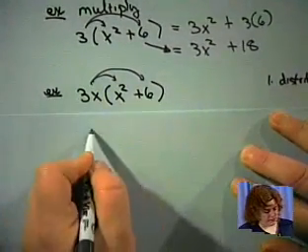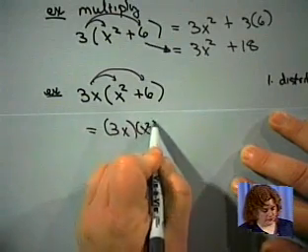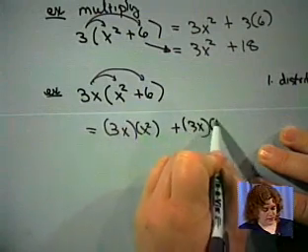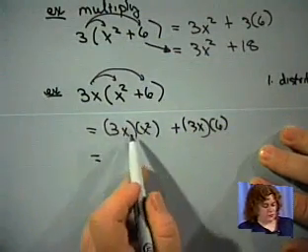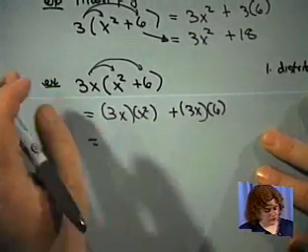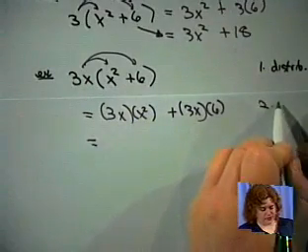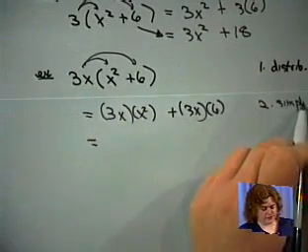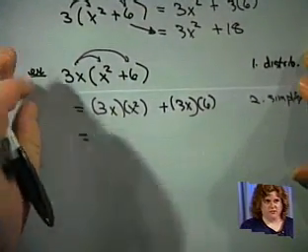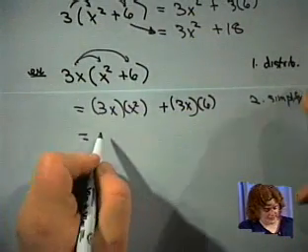We'll have 3x times x squared and a 3x times 6. Well, we will want to apply our product rule here. So our next move, I'm just going to use the kind of general term, simplify, which means get rid of as many parentheses as you can and combine your powers and things like that.